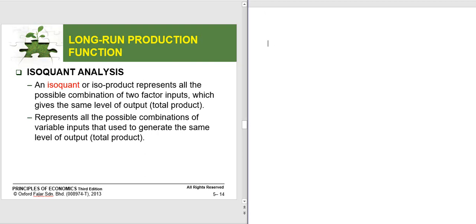Okay, so now let's go into the long run production function. In the long run, as I have mentioned earlier in this topic, we assume that all inputs are variable inputs.